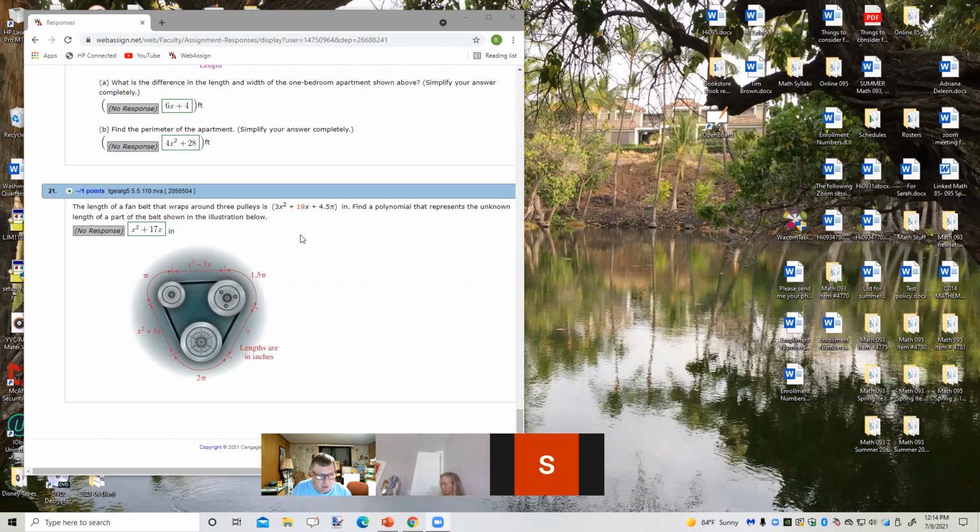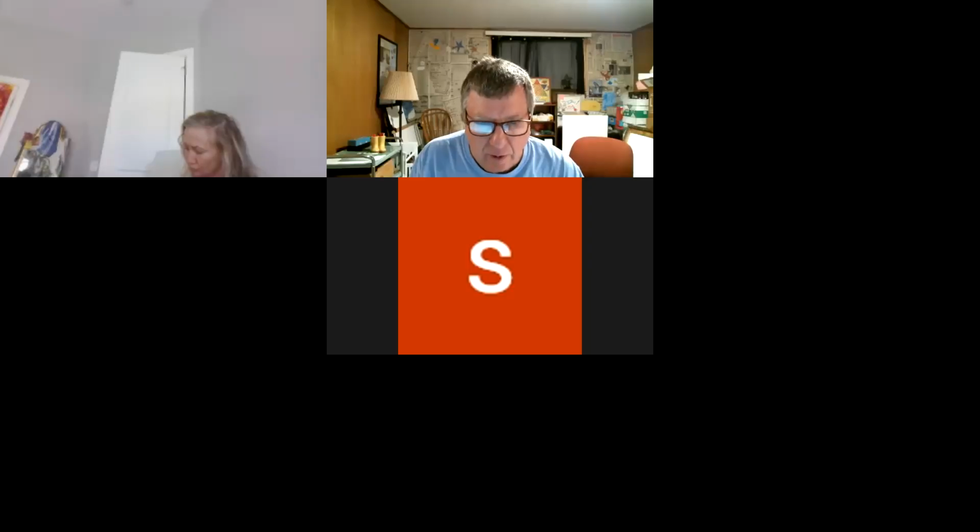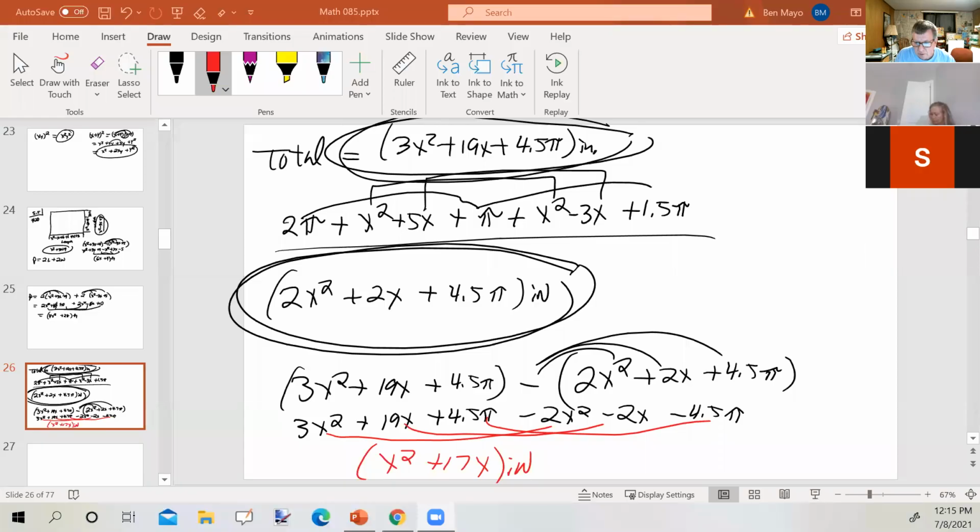Sometimes you have to include the units. Okay. We'll go back here to the work. All right with that? Yes, I think I just need to remind myself that I have to distribute when there is a negative sign. Right, when you're subtracting. Okay, any other questions from anybody before we go?